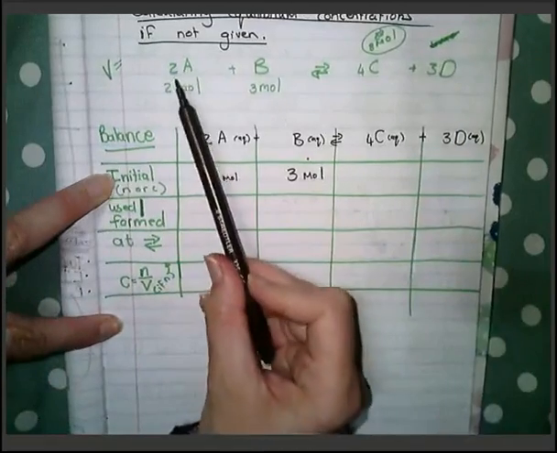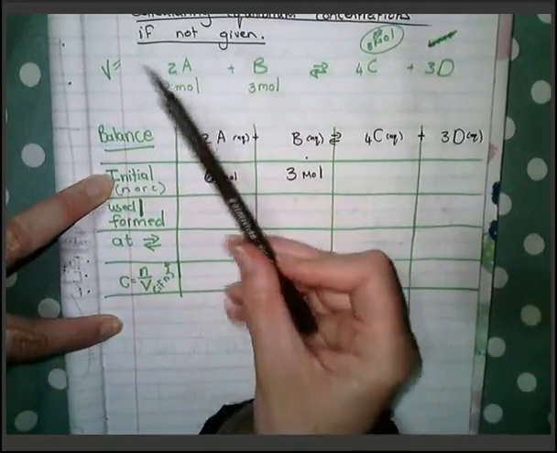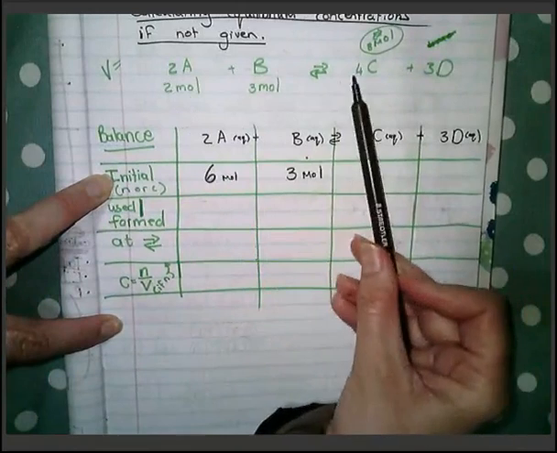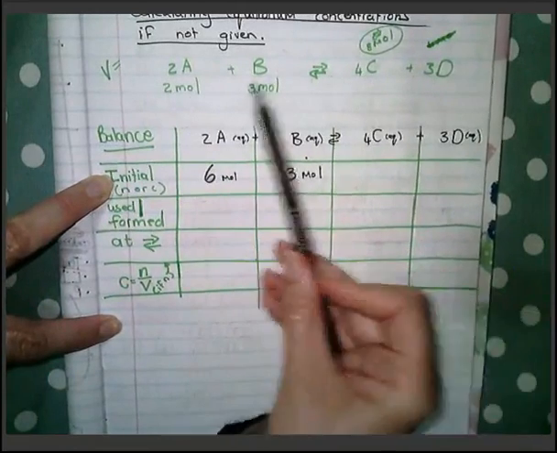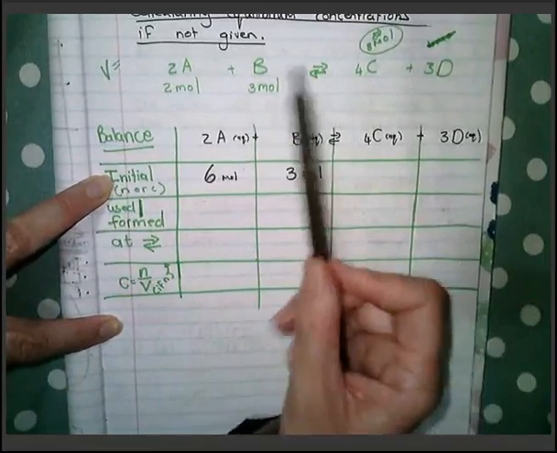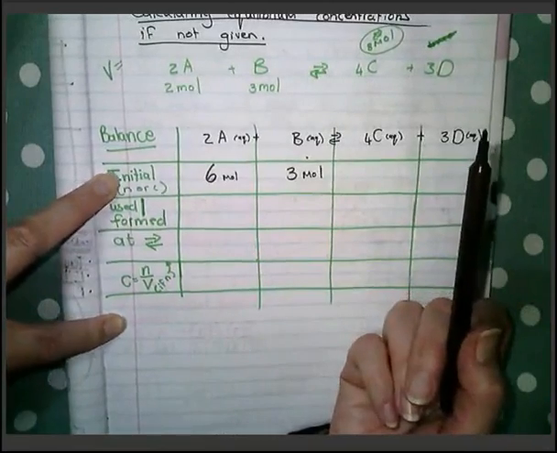So let's say this is the balanced equation they gave us: 2A plus B forms 4C plus 3D, and that's a reversible reaction that eventually reaches equilibrium.